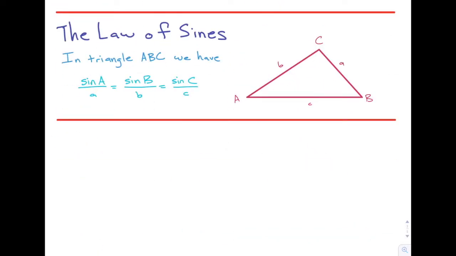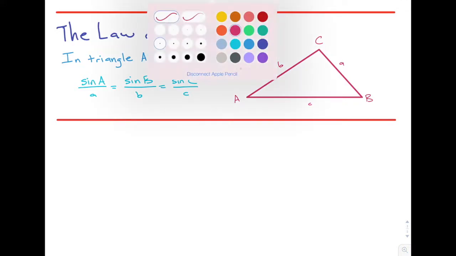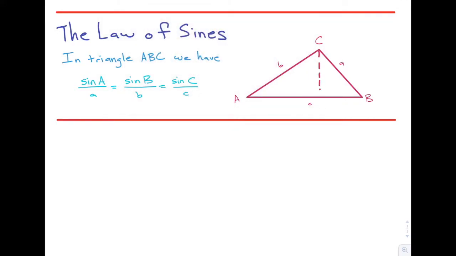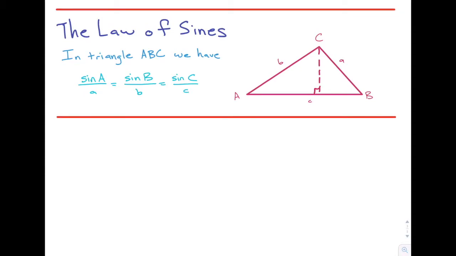So the law of sines. In triangle ABC, we have sine of angle A over little a, sine of angle B over little b, and sine of angle C over little c. To see why this is true, let's just remember, drop that down there, get a right angle. So recall from before that the area of a triangle is 1/2 ab sine theta, where a and b are two sides in a triangle and theta is the included angle.